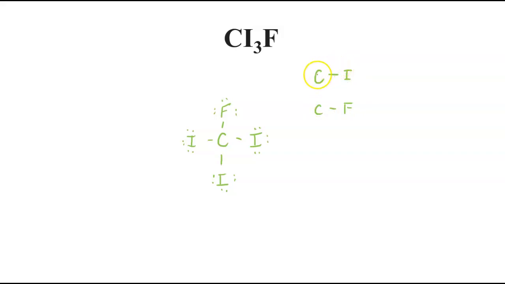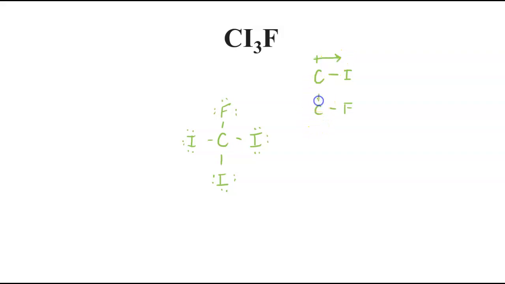That means that for carbon and iodine, you definitely have iodine being more electronegative. So you're going to see that there is a dipole going to iodine. So carbon, remember, is further left. Iodine is further right. That means iodine is more electronegative. The dipole, the electrons are going to be pulled to the iodine.